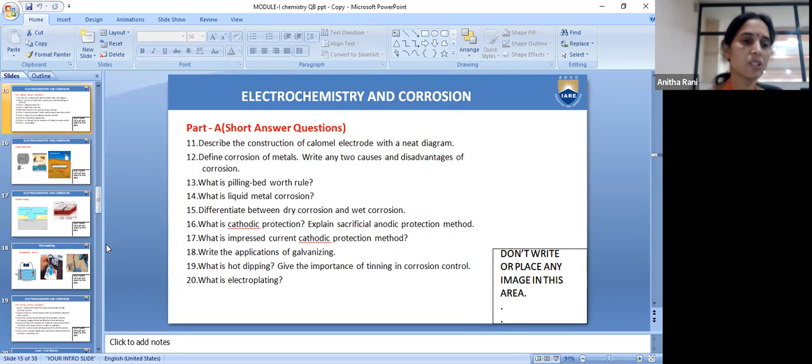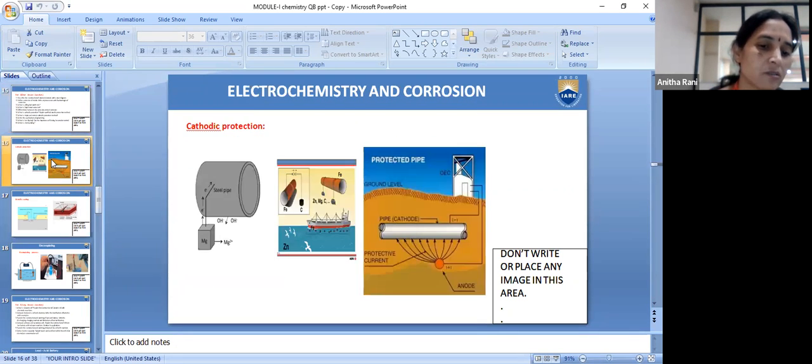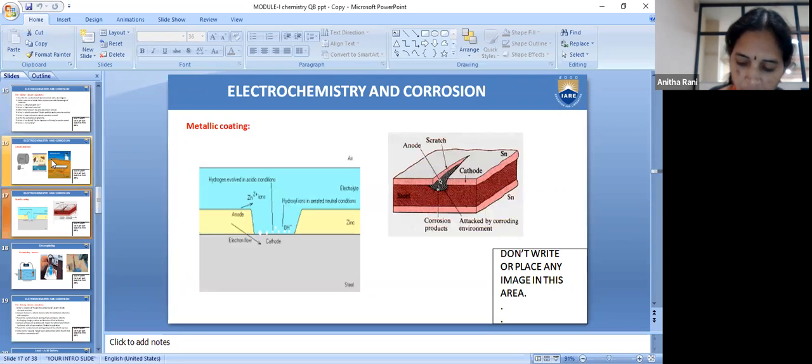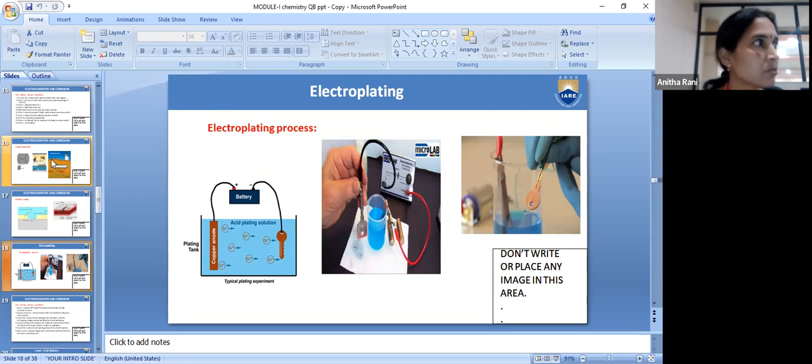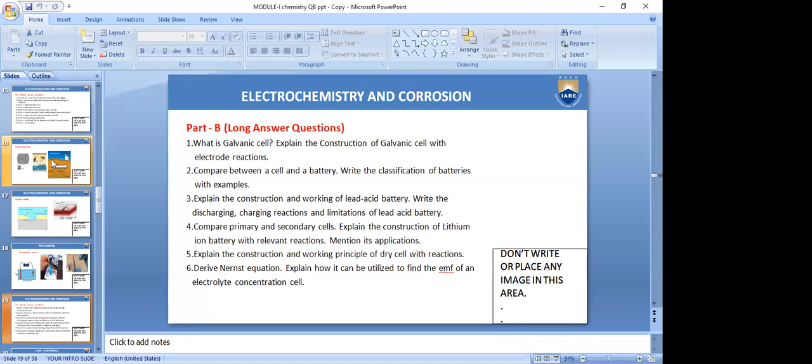What is the process of electrolysis? We supply electrical energy, yes or no? Electrical energy converts into chemical energy.